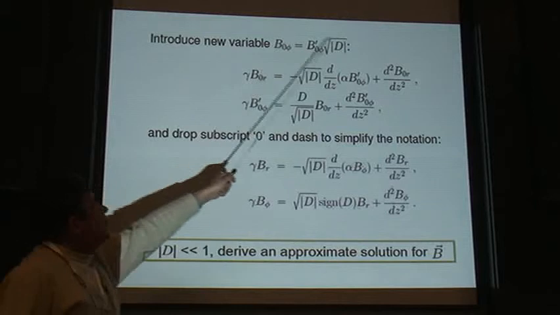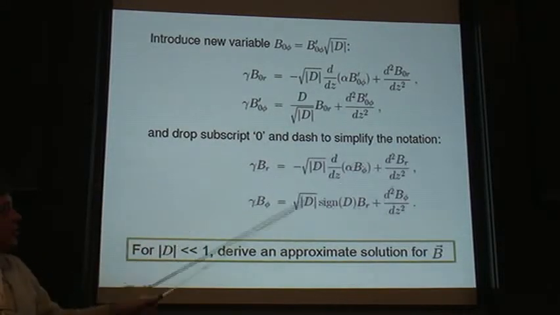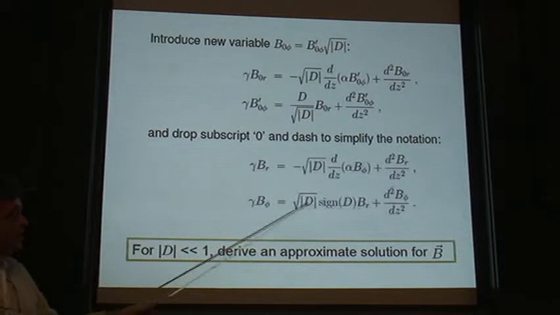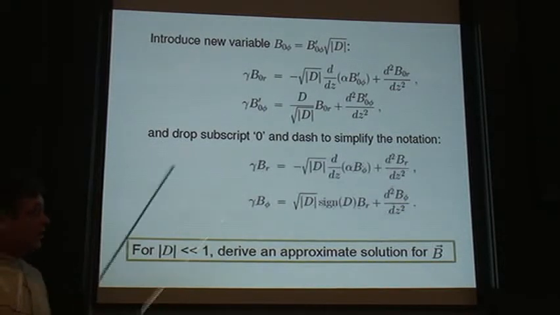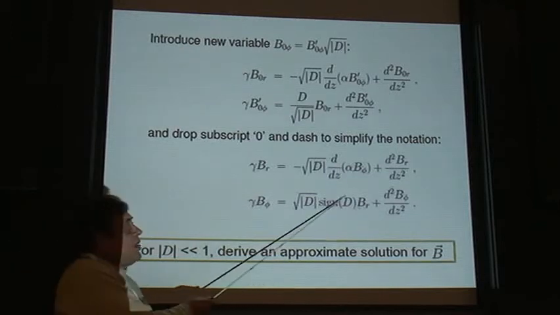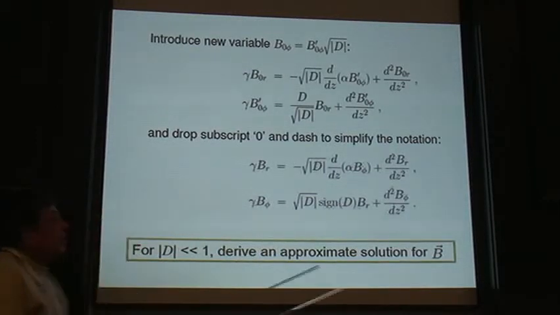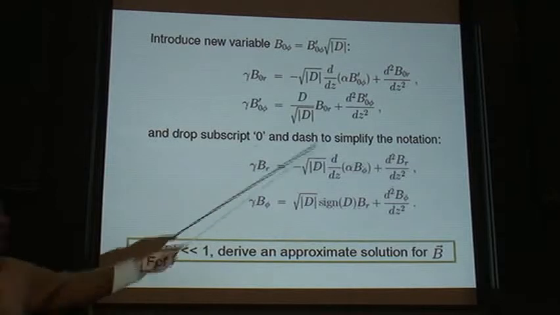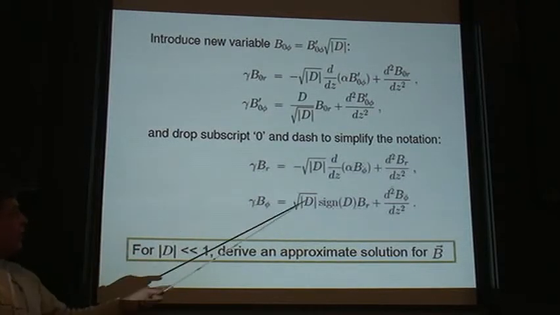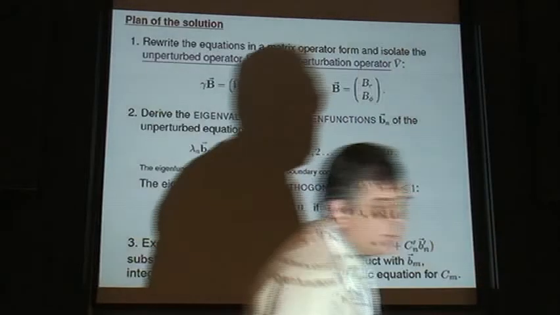I will introduce this new variable, and in terms of this new variable, D appears in both equations, and here this is the sign of D, square root of modulus of D times sign of D. I have in mind that in most applications D will be negative. So, given these equations, with the boundary conditions of the previous page, derive the approximate solution for modulus of D much less than 1. This is the problem I will be discussing.